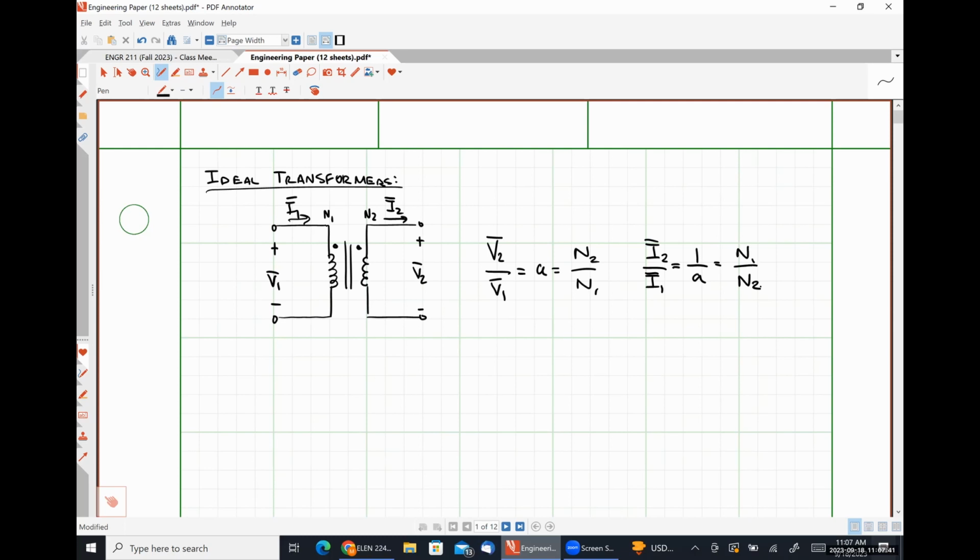All right, so the first thing that we're going to talk about today is, so this is one application of a transformer that will probably make a lot more sense to you guys after you have had your microelectronics class next quarter, but some of you may have dealt with things like this before if you play guitar amplifiers and things like that.